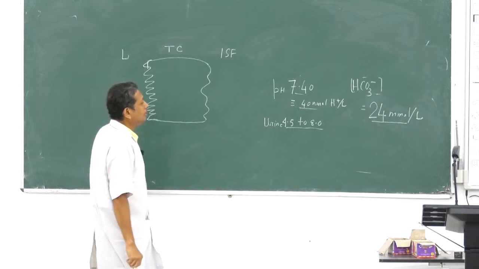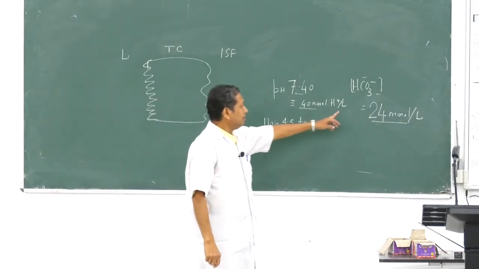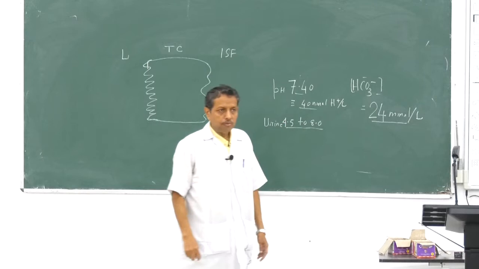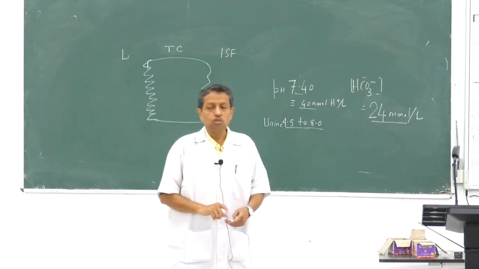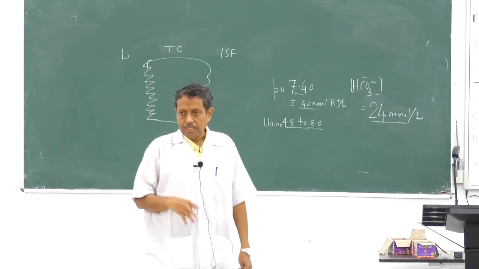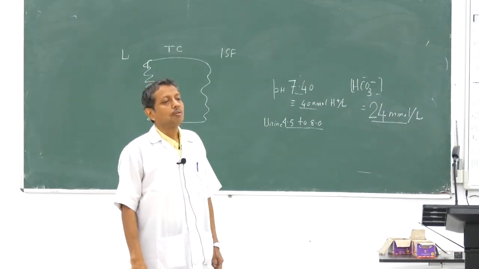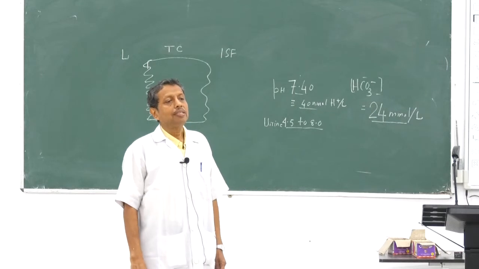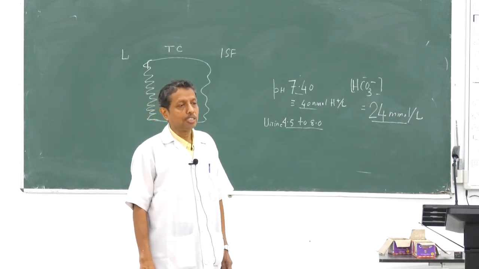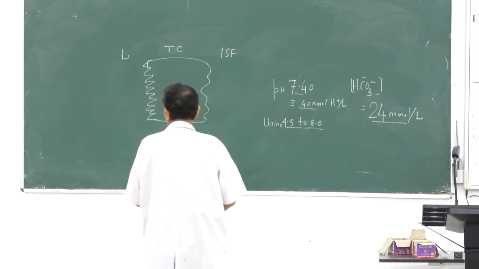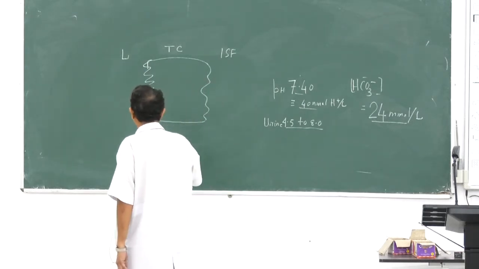Then this bicarbonate is to be reabsorbed, recovered. It should not be lost in health. It must be recovered or reabsorbed, and it is reabsorbed along with sodium by secondary active transport.